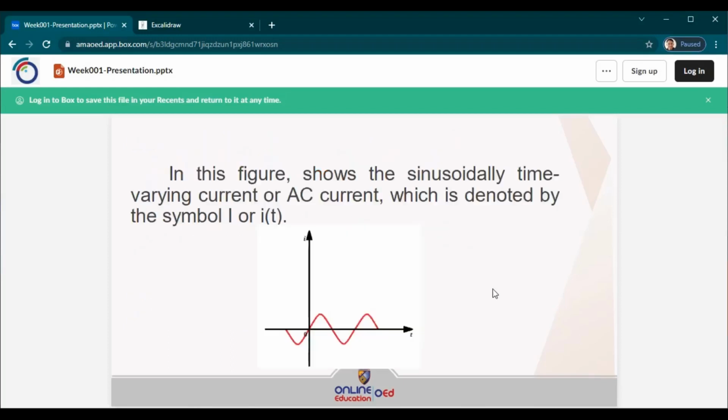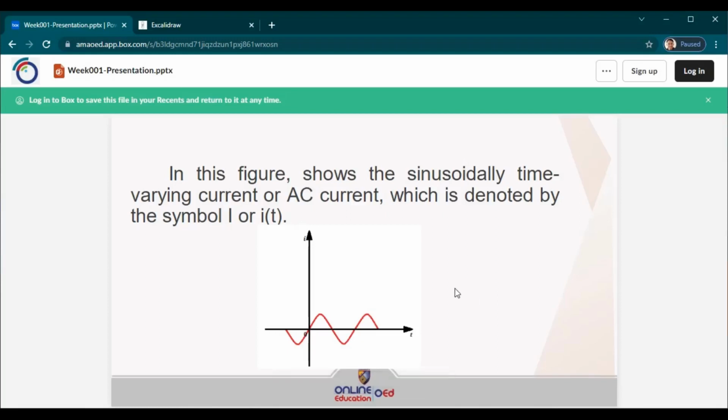But if I were to give you an overview, AC is being used for distribution. Okay, so from electric companies to the household, the current is in AC because AC current has fewer losses compared to DC current.